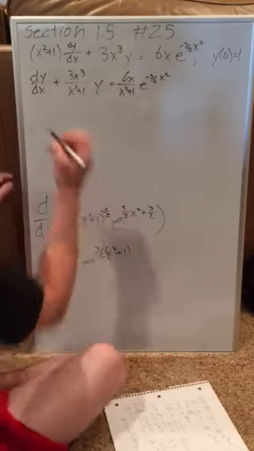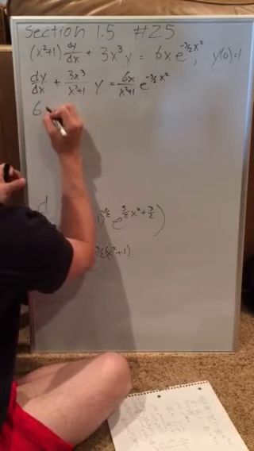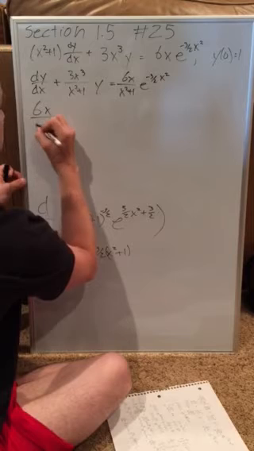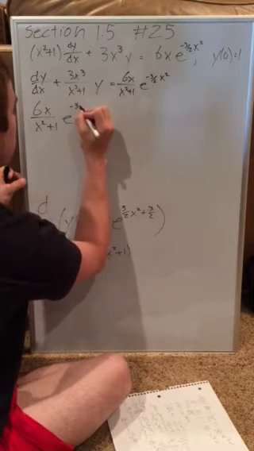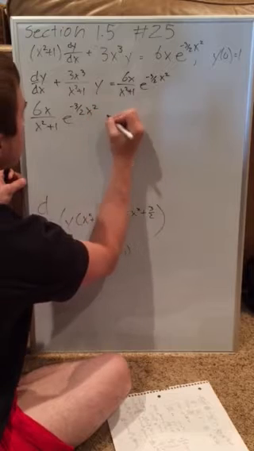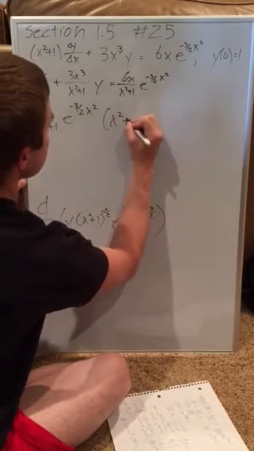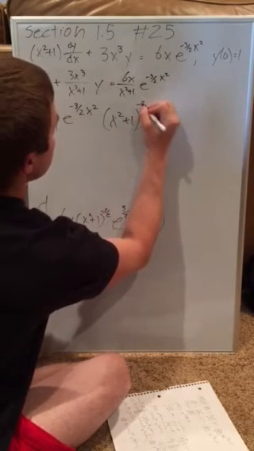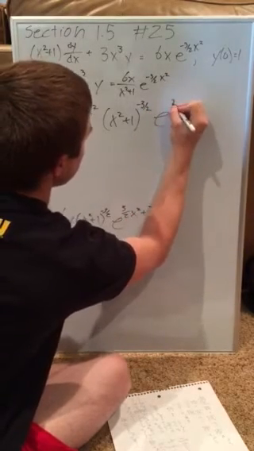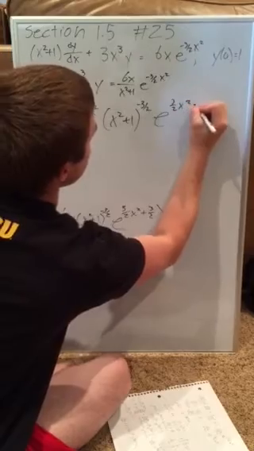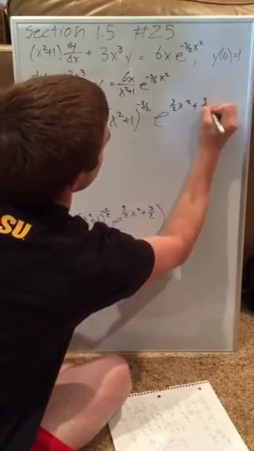Okay, so let's see, we have 6x over x squared plus 1 times e to the negative 3 over 2 x squared multiplied by x squared plus 1 to the negative 3 over 2, e to the 3 over 2 x squared plus 3 over 2.